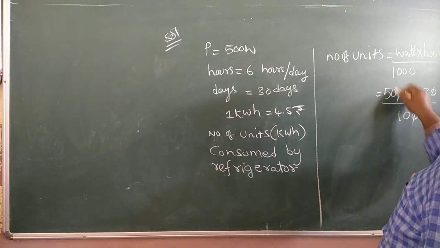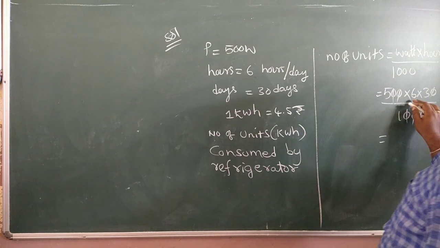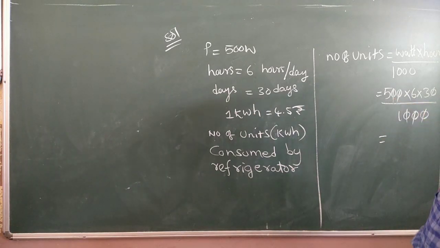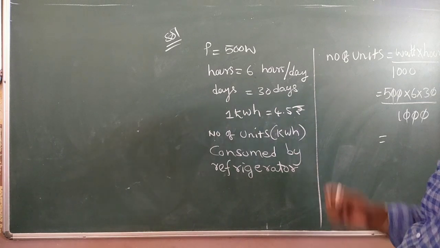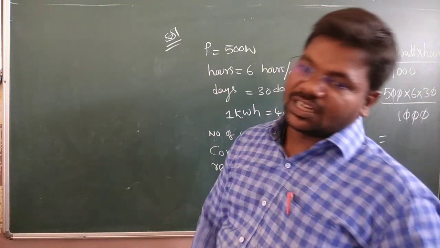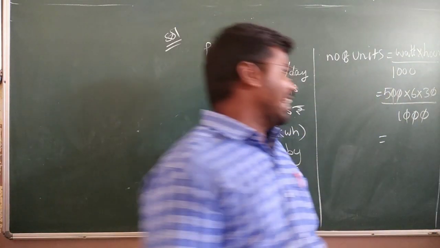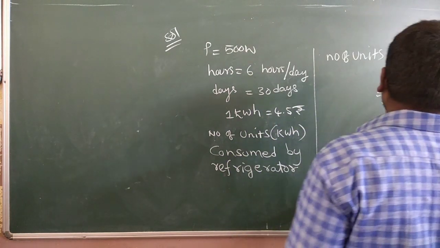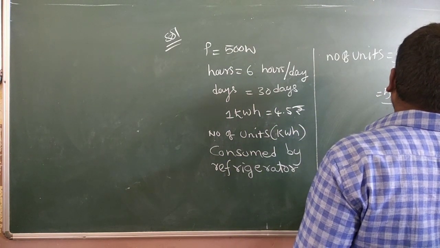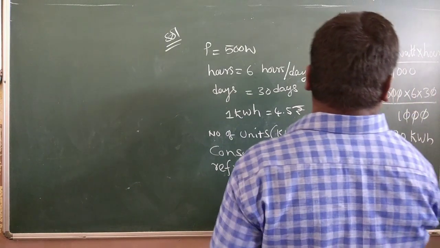The zeros get cancelled. 5 into 6 into 3 is 90 kilowatt hour. The units are 90 kilowatt hour.